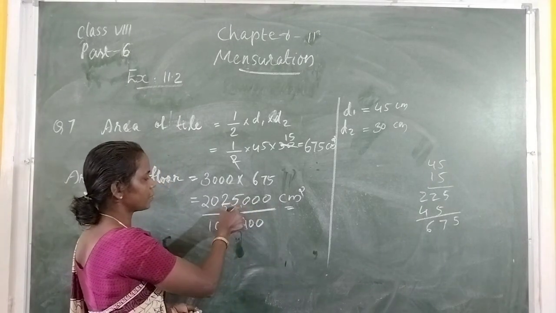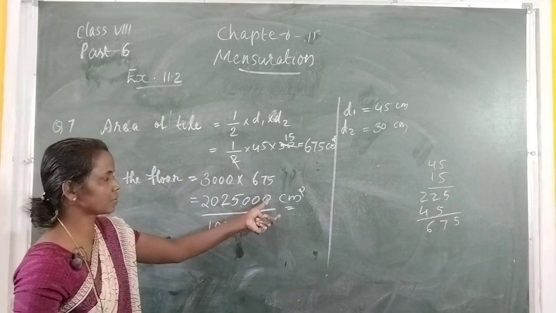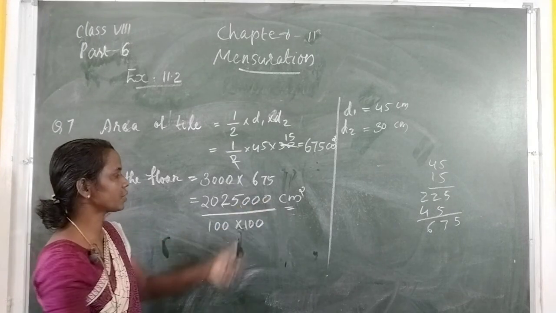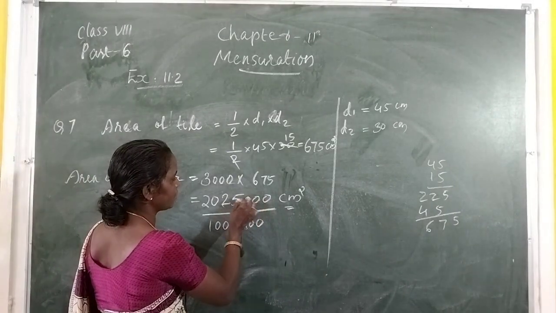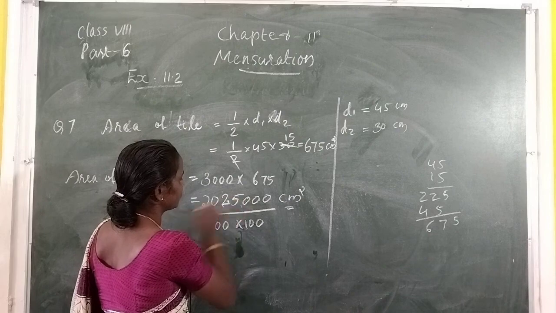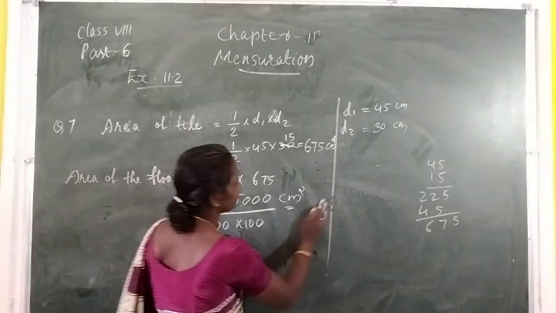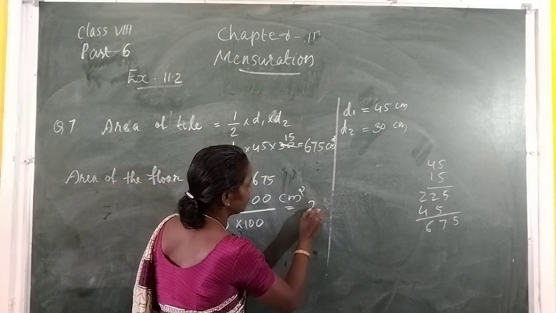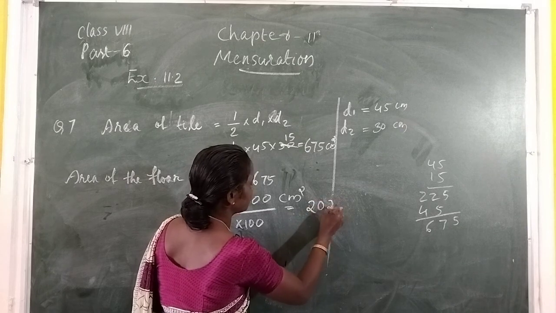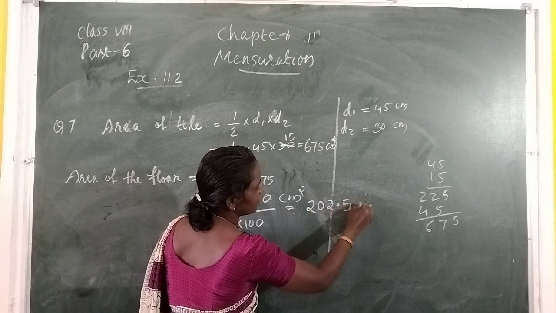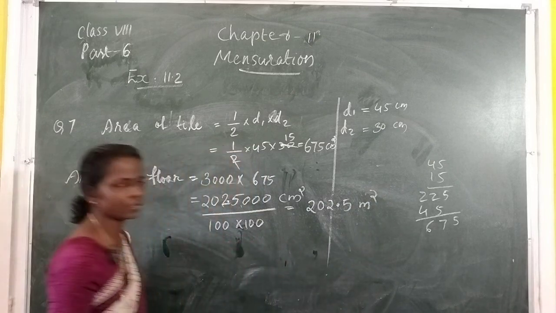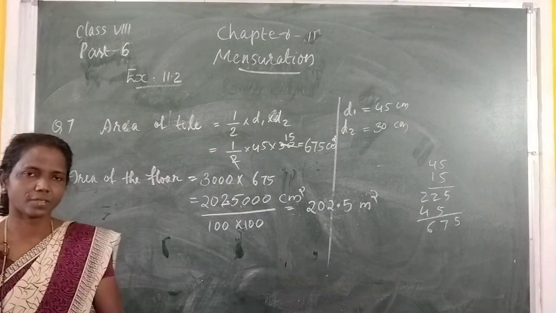So this number is divided by 10,000, meaning 4 digits before the decimal. So 1, 2, 3, 4 digits before the decimal. So the total is 202.5 meter square.